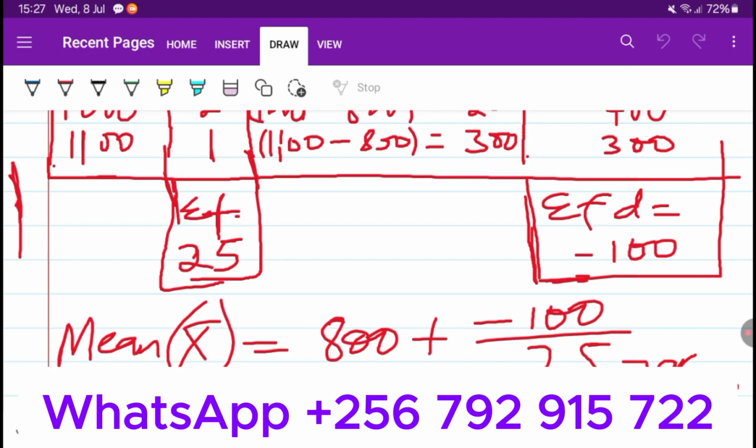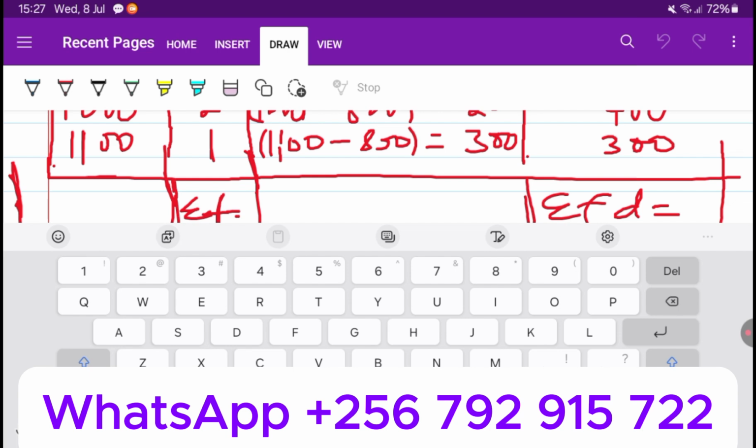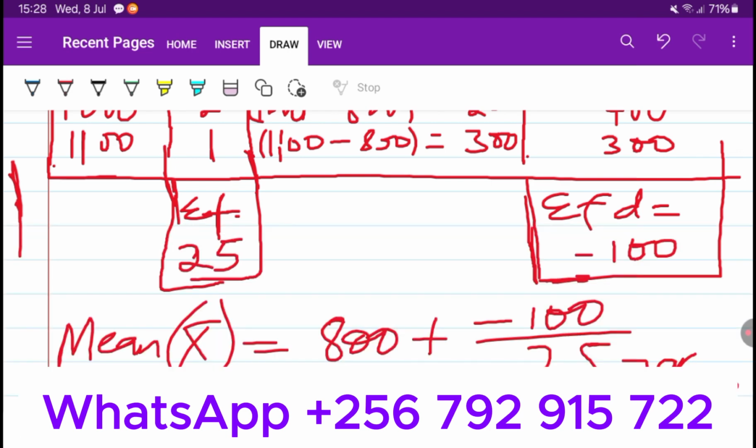But before we look at the grouped frequency distribution, there are also scenarios that may arise where the assumed mean that we had taken was maybe too small, and we ended up having very high values of the deviation D. Because the reason why we use the assumed mean is to simplify the computations so that we have reasonable figures.